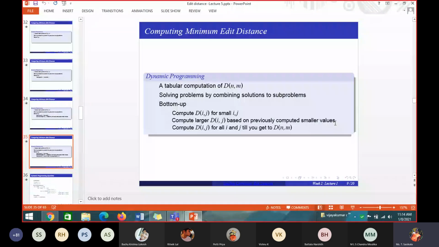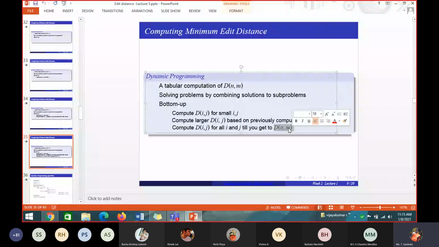So compute D of ij for all values of ij till you get D of n, m. Where do we have to stop the process? When i equals n and j equals m. What are n and m here?